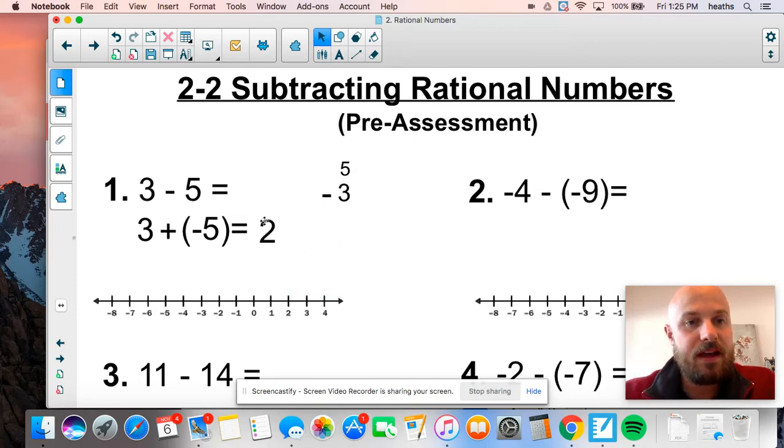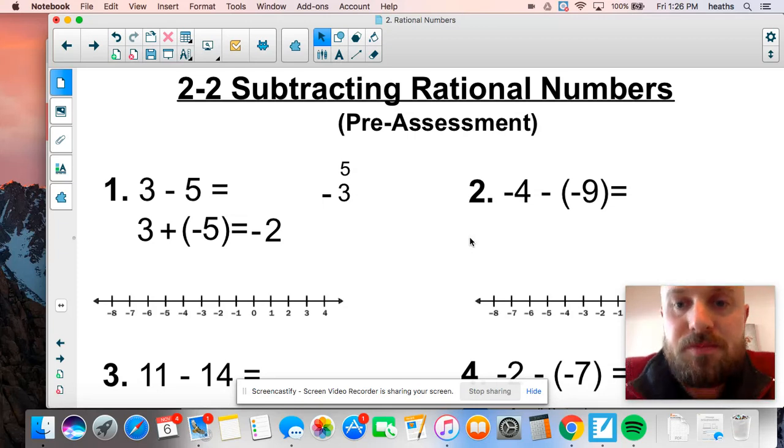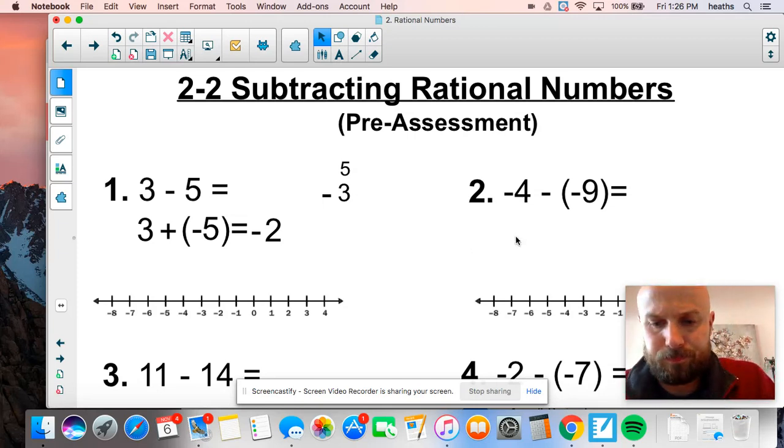Now we need to look at the two numbers that we have, 3 and 5. 5 is larger and 5 is negative, meaning that our answer is going to be negative. So our final answer for question number 1 is negative 2. Just notice we had 3 minus 5. We added the opposite, turned that minus into a plus, and then we turned our positive 5 into a negative 5.